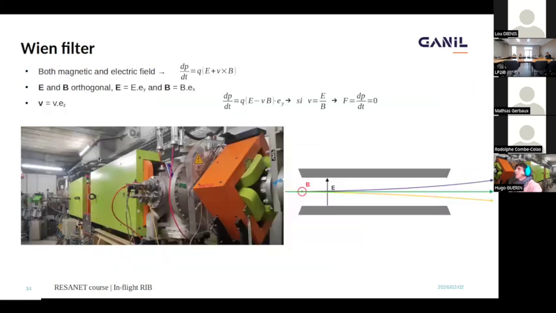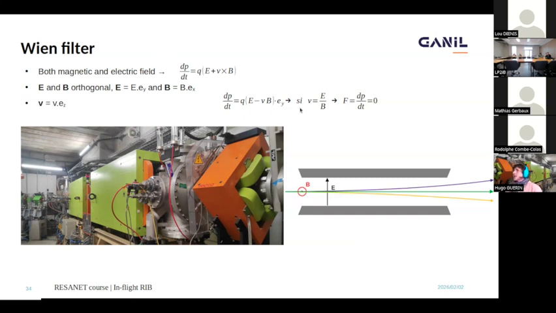The VIN filter, I will explain why and how it works. The VIN filter is an electromagnetic filter. So you have both magnetic and electric field, which leads to the electromagnetic force, which is q(E + v × B). The electric and the magnetic field are perpendicular, and they are also perpendicular to the speed of the ions, which leads to this equation.